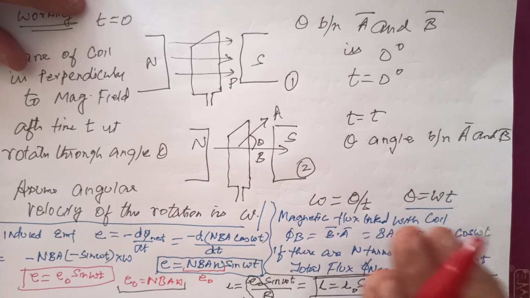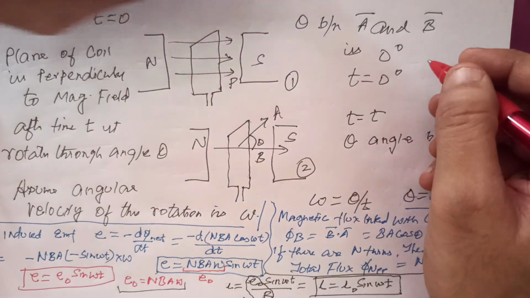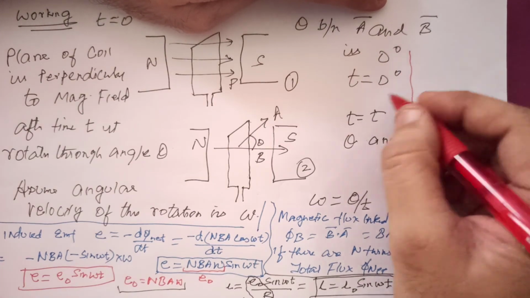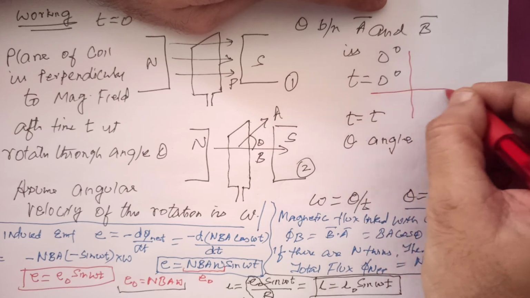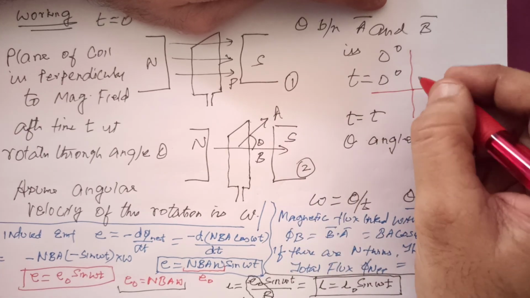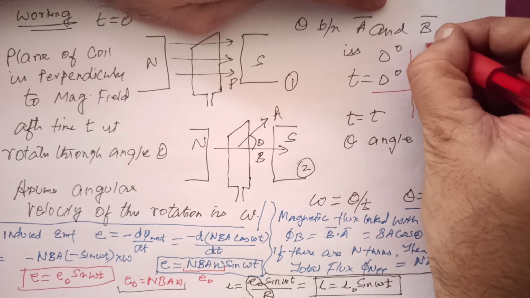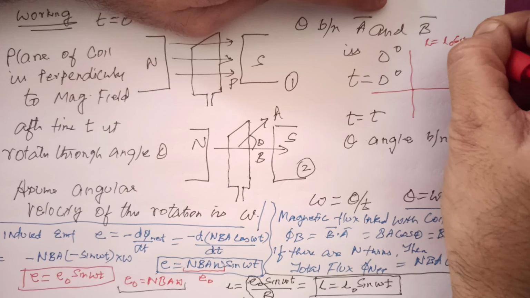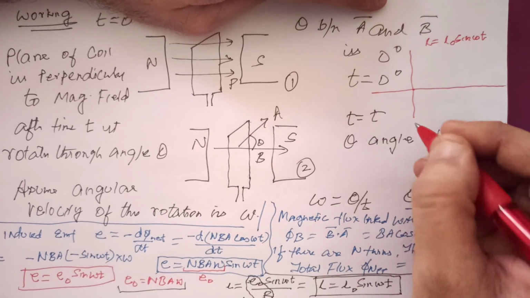Finally, one last thing is we can have a graph which can express it. Let me draw in the space available. The graph would be of the sine curve. So basically I is equal to I naught sine omega t, correct?